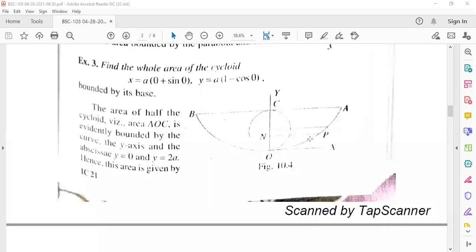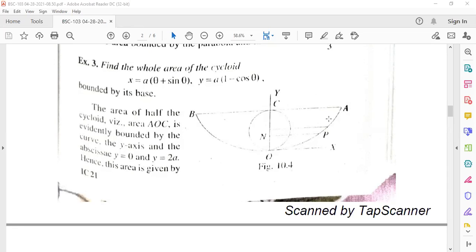We are interested in finding the area of this right half part. If we find the area of the right half part, then we can multiply by 2, and we get the total area of the cycloid.